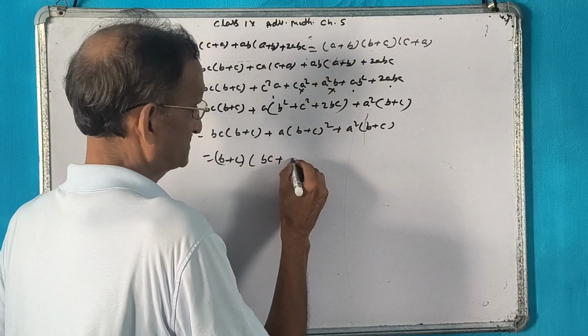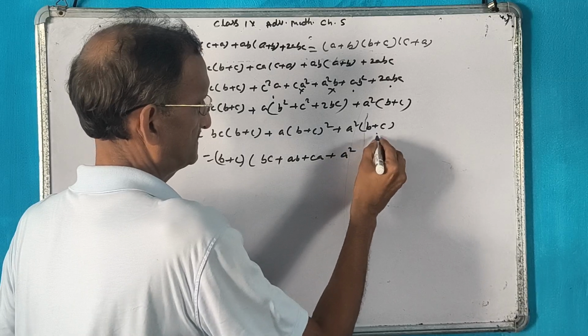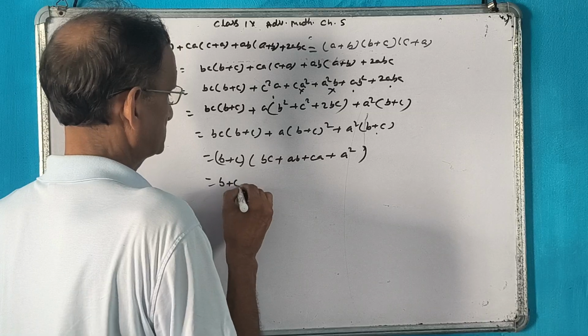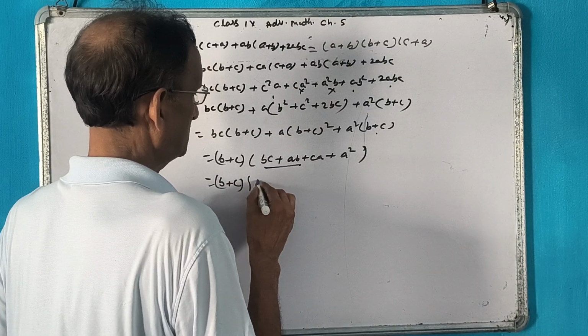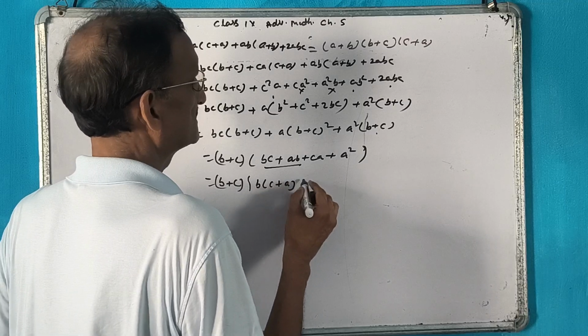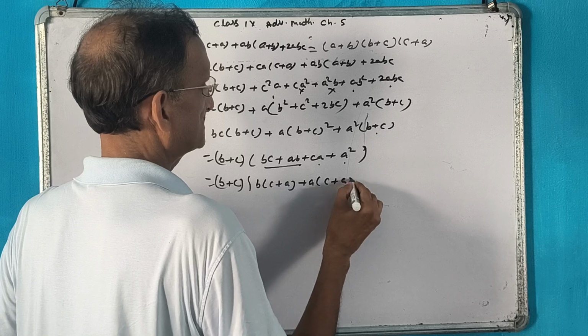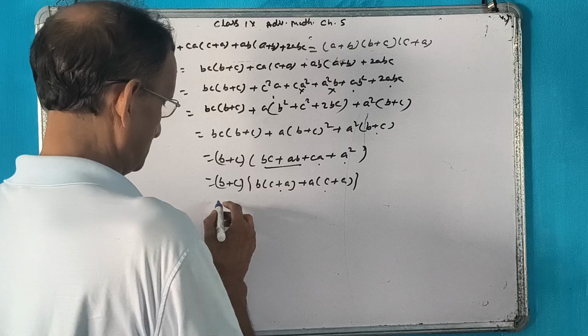So A into B plus C, remove the bracket: AB plus CA plus A square, because B plus C is already common. Now B plus C, from here can you take B common? What will you get? C plus A. From these two, can you take A common? What will you get? C plus A. This and this should be the same, then that means you are going correctly.